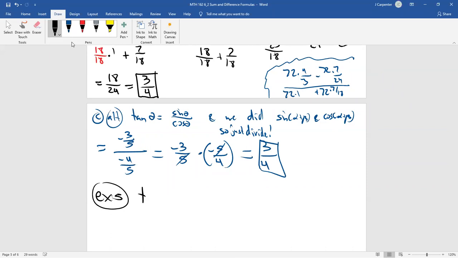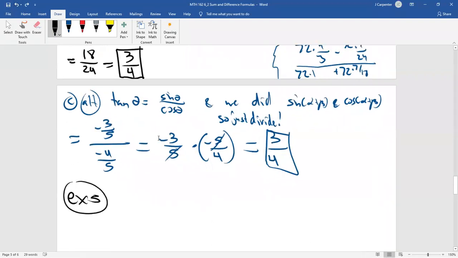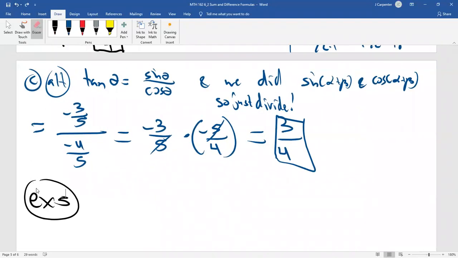All right, so I'm going to tell you this time that the tangent of alpha is negative 4/3, and that alpha is in quadrant 2. I didn't zoom back in, so this looks funny.